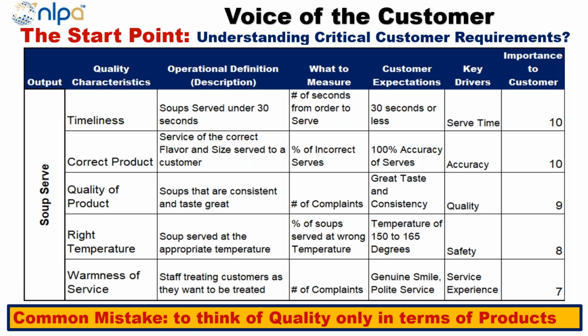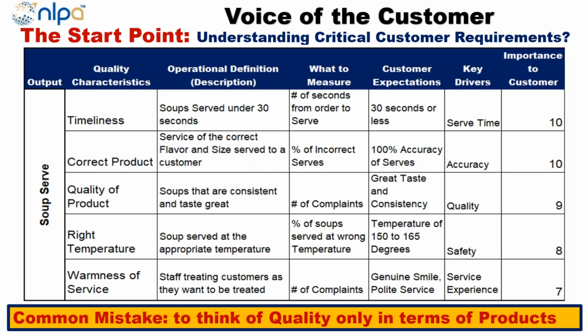Before we get into this slide, a very common mistake I see on a regular basis is to think of quality solely in terms of products. So you have a phone, the quality of the phone, the car, the quality of the car.